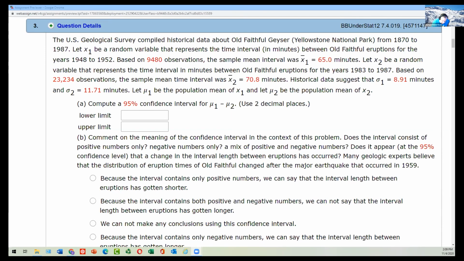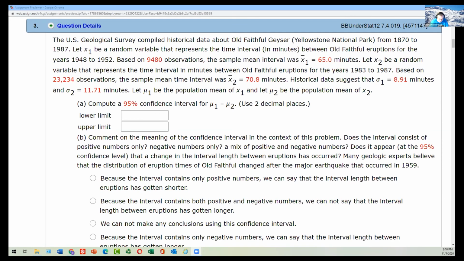And it took, on average, about 65 minutes. So if you went to Yellowstone Park and you wanted to see it erupt, you might have to wait an hour, right? If it just happened and you just missed it, on average, it would take about 65 minutes for it to do it again. You get that kind of ballpark figure, right? Now that was in the 40s up to the 50s, right?